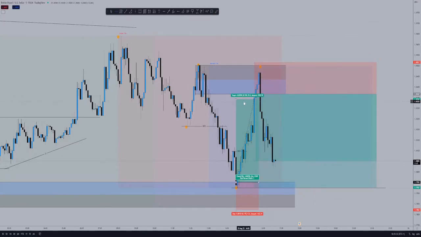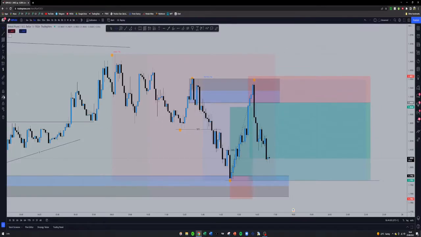We had a take profit just below the supply, and we enter at the open of the supply, stop loss above, and we're currently in this now, running 32 pips profit. So we're already at 1 to 2 on this.